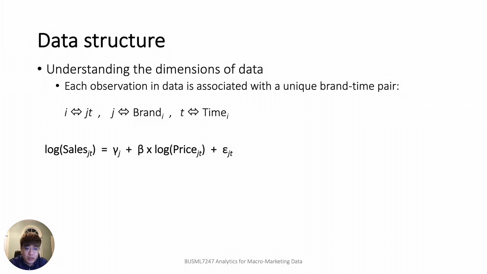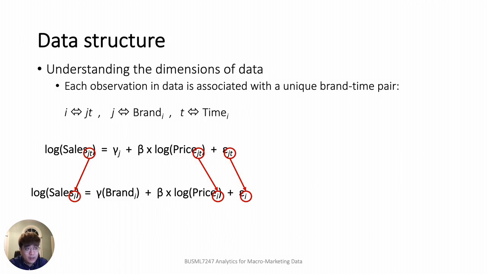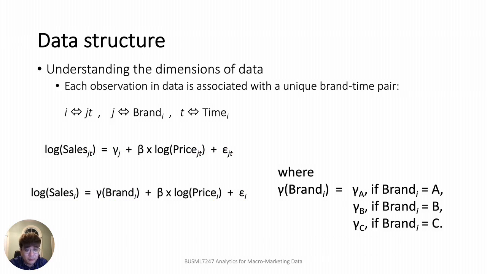So, we rewrite the fixed effect model as the model of a unidimensional dataset. Each brand-time pair is simply replaced with each observation, and the brand subscript is replaced with the brand variable.